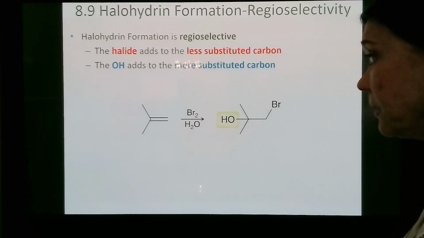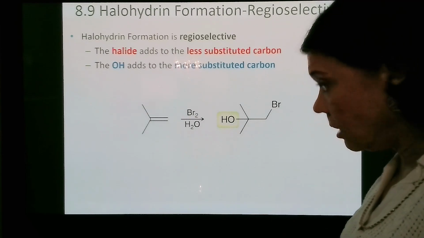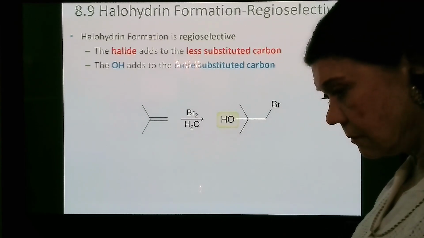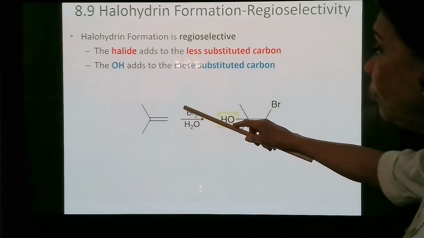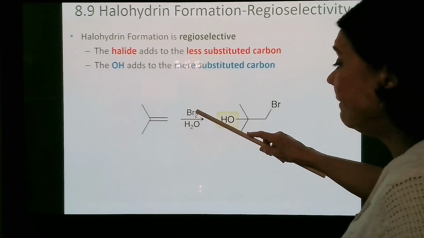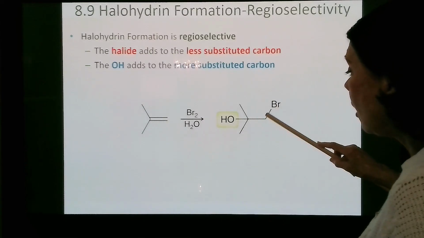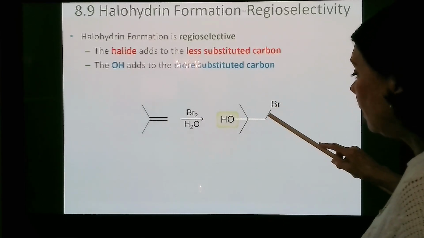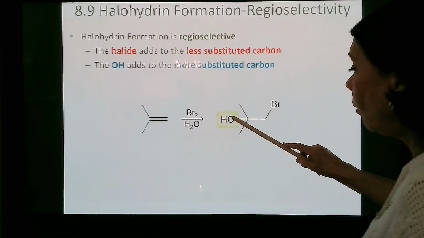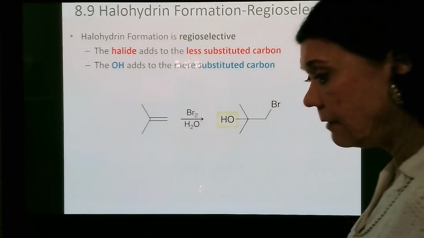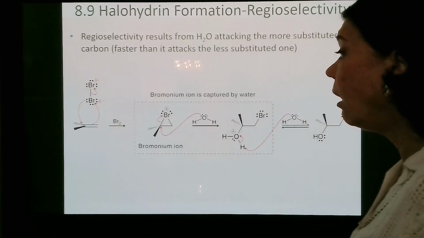So the regiochemistry is that you will have bromine attack, and then you have water come in from the backside. The bromine goes to the terminal carbon. The water goes to the internal carbon, and that might seem strange, so let's look at why.